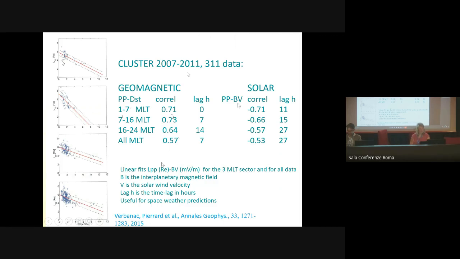And here it's illustrated the BV, here on the x-axis, as the position of the plasmapause. And again, you can see that you have this anti-correlation in this case. When the BV is high, you have a plasmapause closer to the Earth.